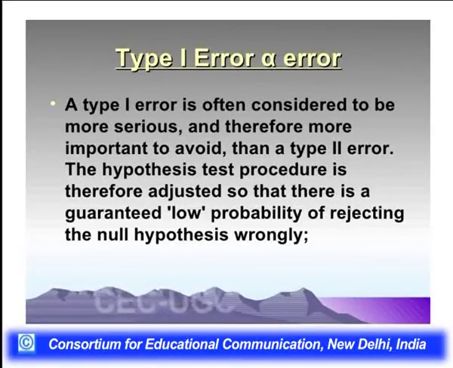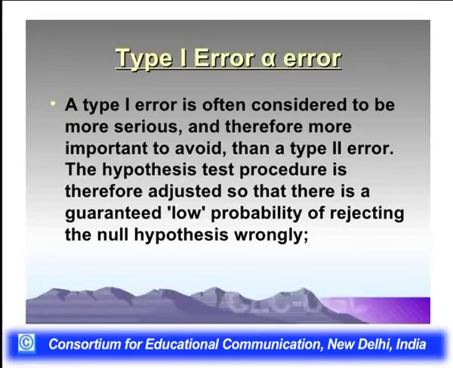Now type 1 error is often considered to be very serious compared to type 2 error, and therefore more important to avoid than a type 2 error. The hypothesis test is therefore adjusted so that there is a guaranteed low probability of rejecting the null hypothesis wrongly.